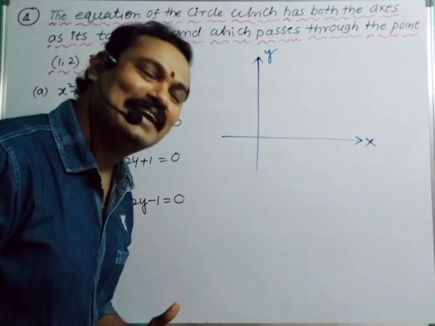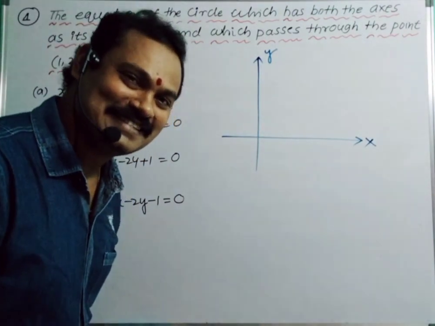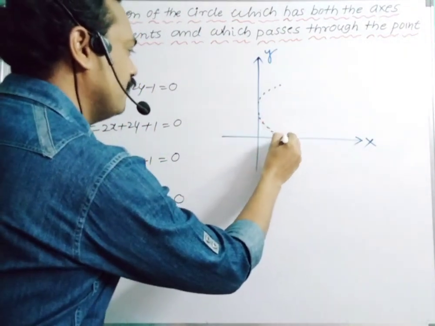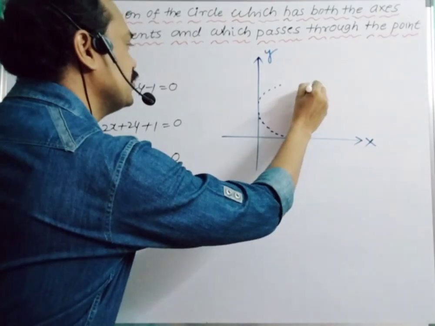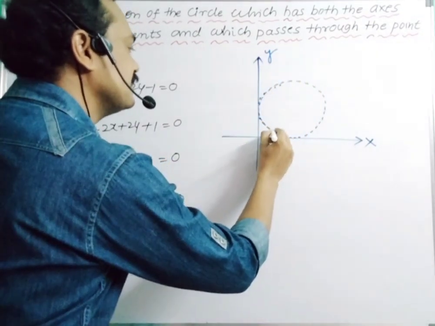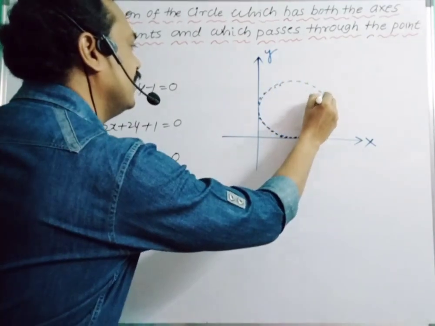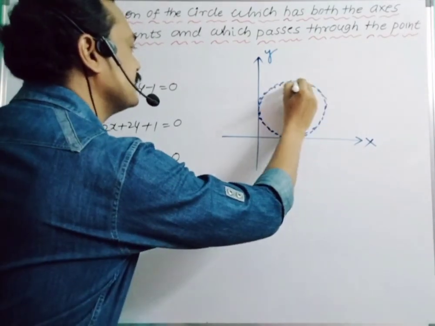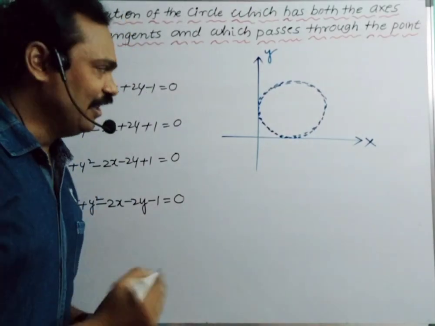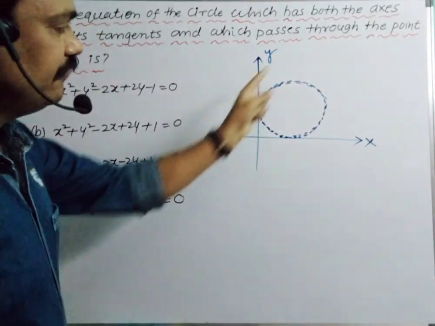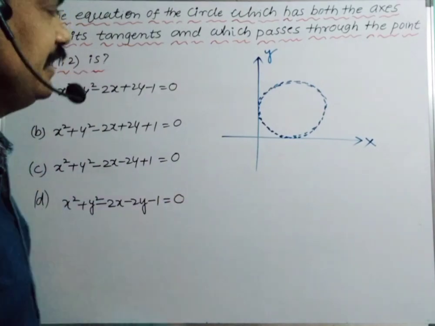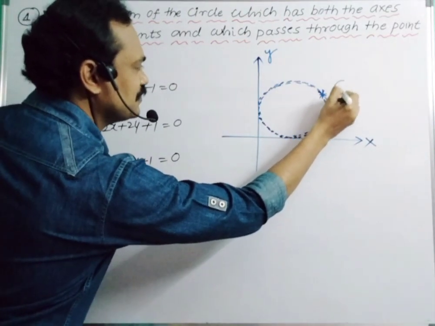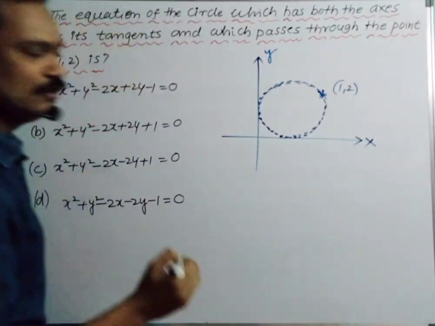Our required circle touches both the coordinate axes, and passes through the point (1, 2).